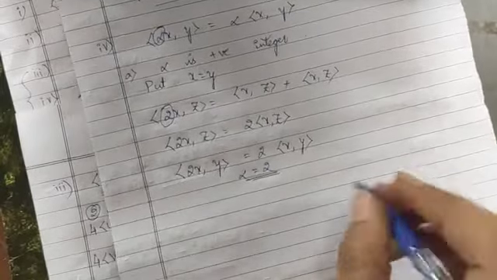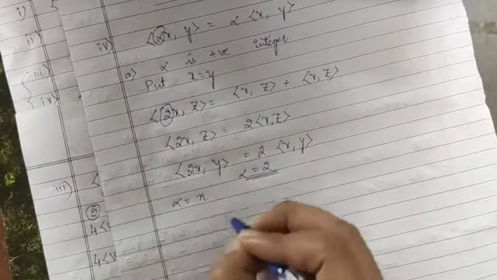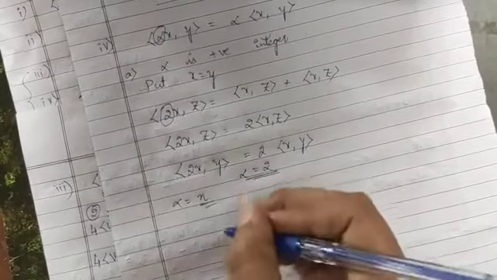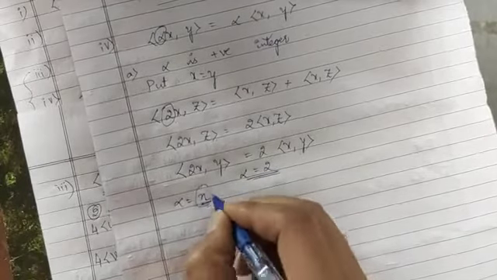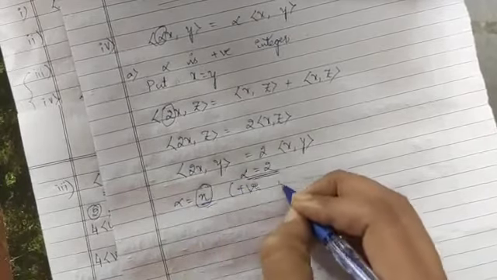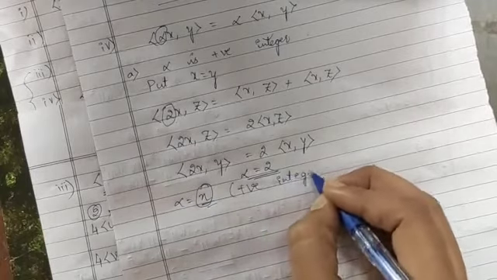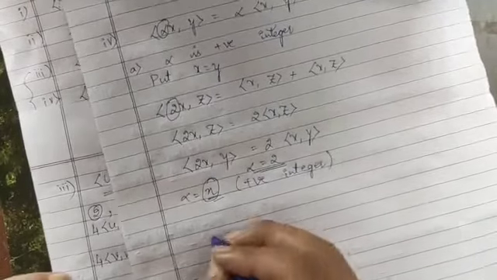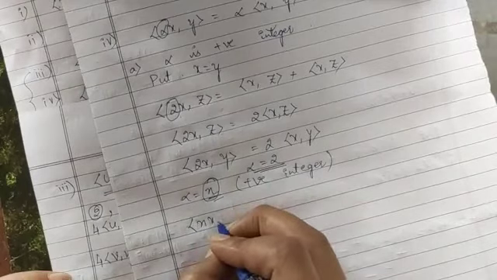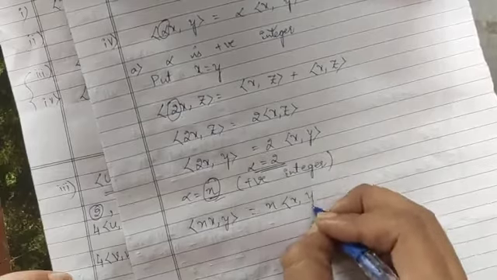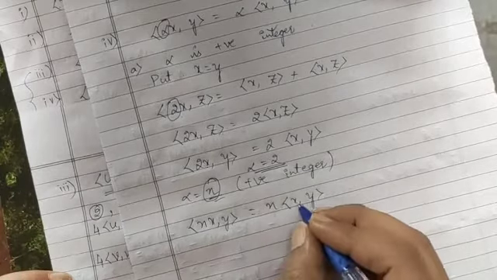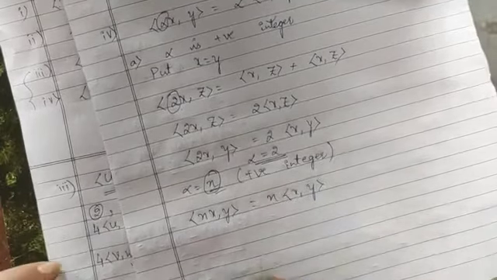Now I will consider alpha is equal to some n. Let's prove the same result by considering alpha is equal to n, where n is a positive integer. This is the general case. So what you will get? Inner product of nx comma y is equal to n into inner product of x comma y; this is what we have to prove.